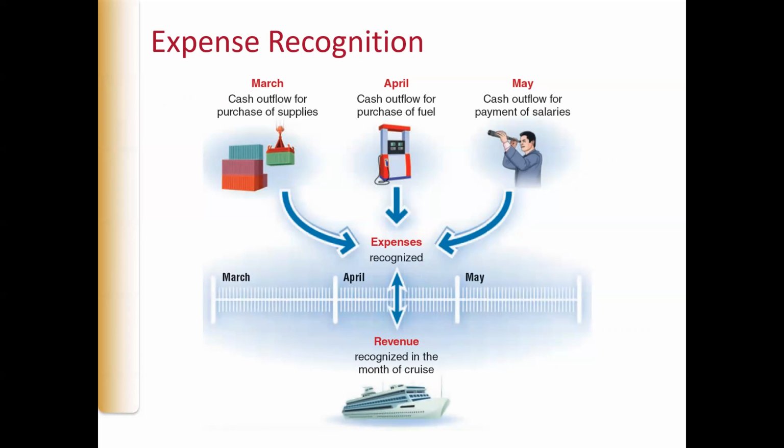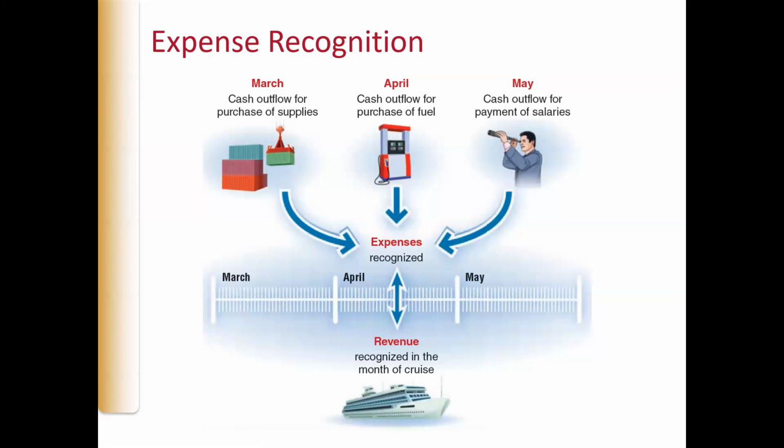But the revenues occurred when the cruise ship actually provided the service for the customers, okay? So in April, when the cruise ship actually was off in the waters, that's when the revenue occurs.